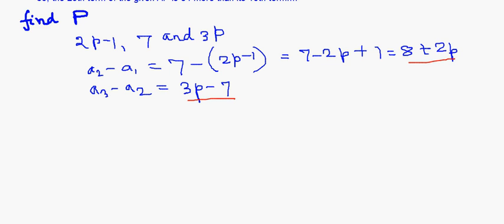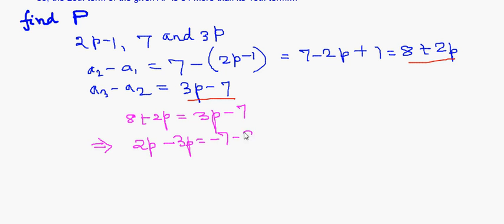So let us form an equation which says 8 plus 2P is equal to 3P minus 7. Let us move the P's to one side.